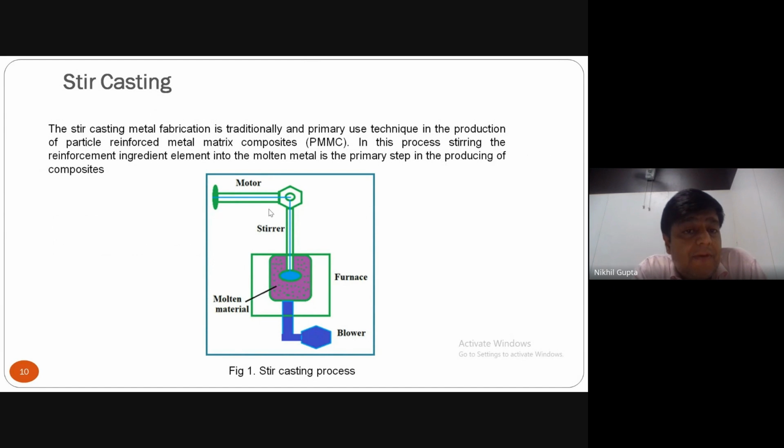In stir casting fabrication of particle reinforced composite, in this process, the reinforcement ingredient is stirred into the molten metal as a primary step, and it produces the composite. This is the figure diagram which shows the process of stir casting. This is the electric motor stirrer, this is the molten metal cabin, this is the electric furnace and the blower. So this is a simple diagram to present stir casting.